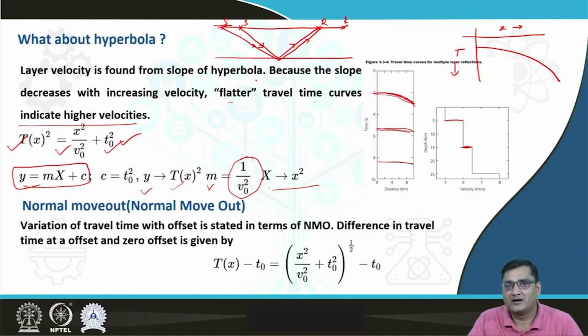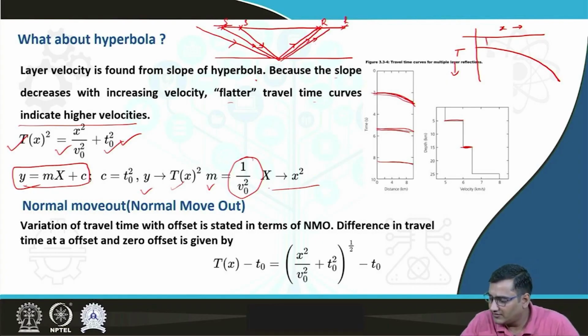That means the total travel time for the second one will be larger than the previous one. Subsequently, you can do it for multiple offsets, and then you will get your reflection events something like this. This is for the smaller offset, and as you keep on increasing the offset, your reflection events will have larger travel times.